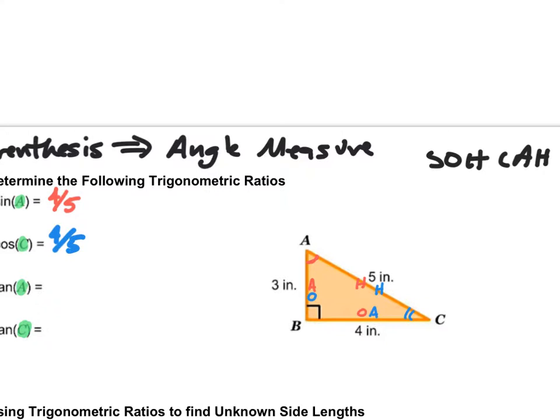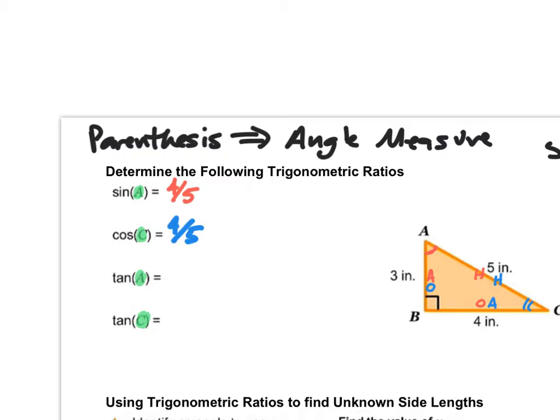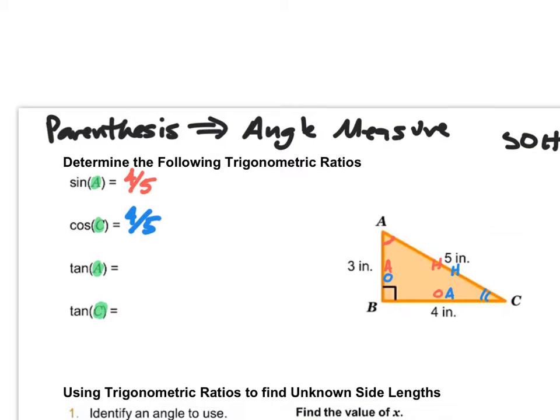That's really interesting. If I take sine of one angle, which is the opposite side over the hypotenuse, that is equivalent to cosine of C. I get the same thing, 4 over 5, which is kind of interesting. Now, that's only going to work between sine and cosine of the opposite angles.